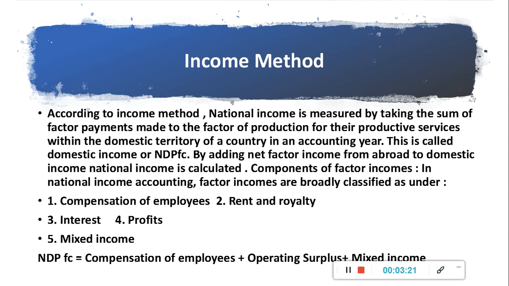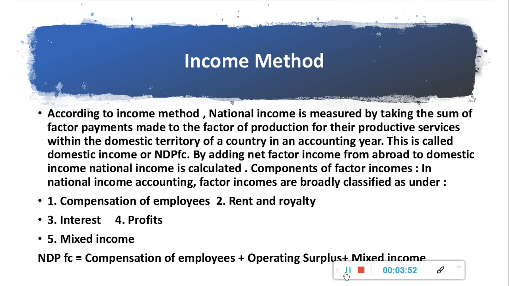The last component of factor income is mixed income. Students, sometimes it is very difficult to separate the factors of production income. For example, there is a doctor who is self-employed at his own clinic, and he has his own labor, his own land, his own capital, and he himself is the entrepreneur.